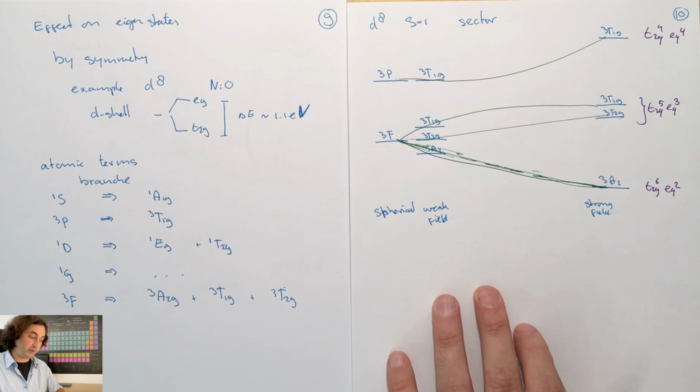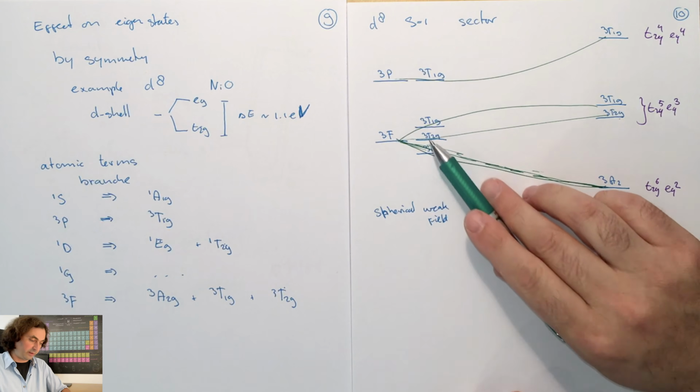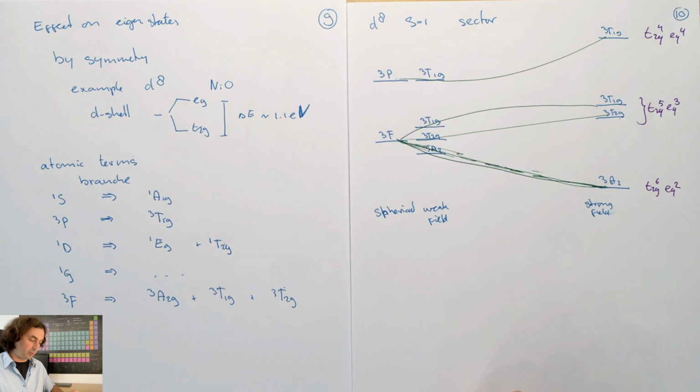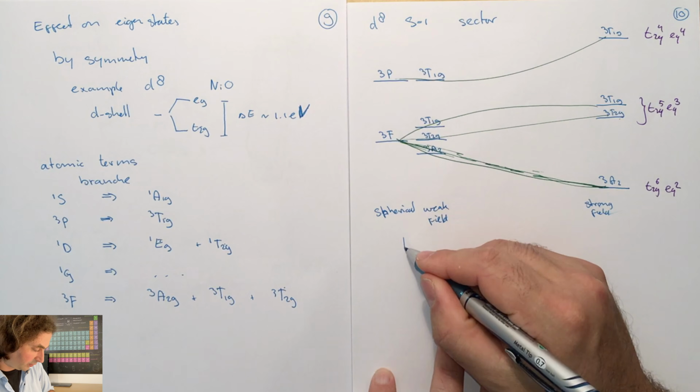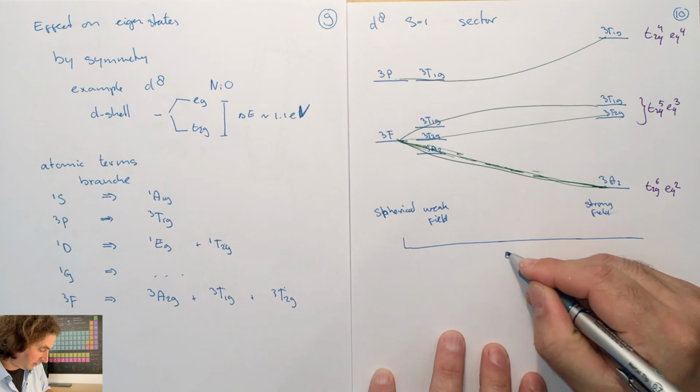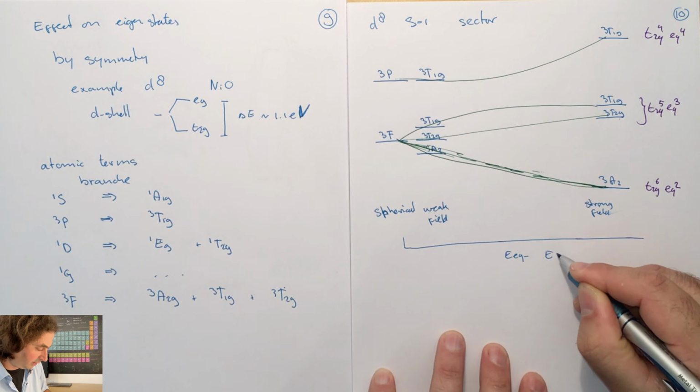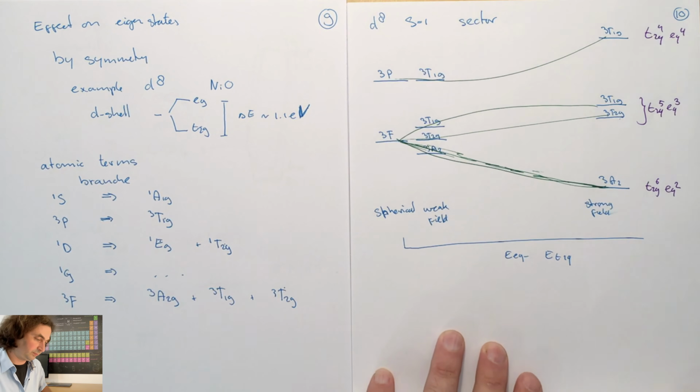The 2 states of T1 symmetry mix with each other, whereas the states of T2 and A2 symmetry depend linearly in their energy on the size of the crystal field. So on the horizontal axis we have E(eg) minus E(t2g).